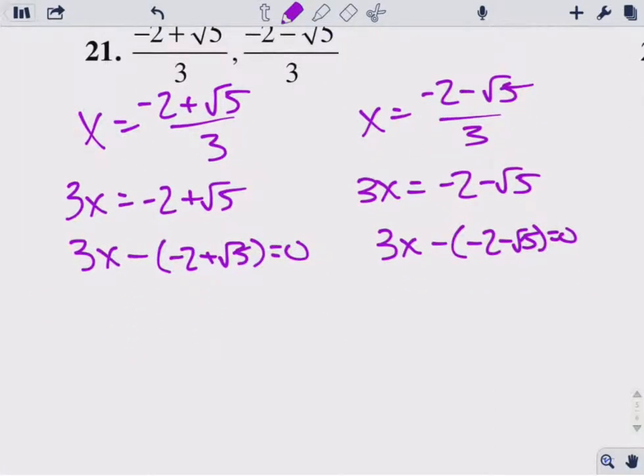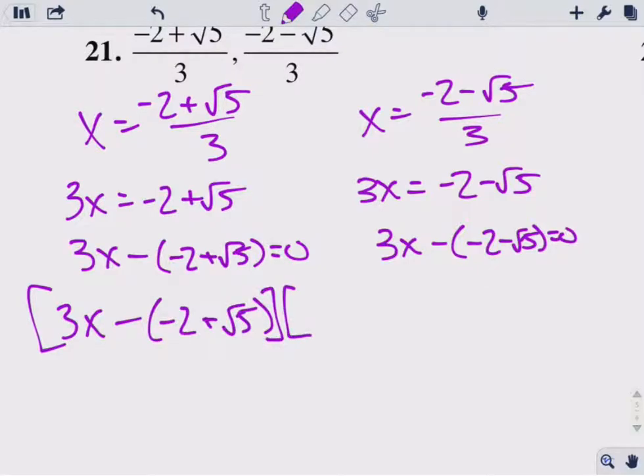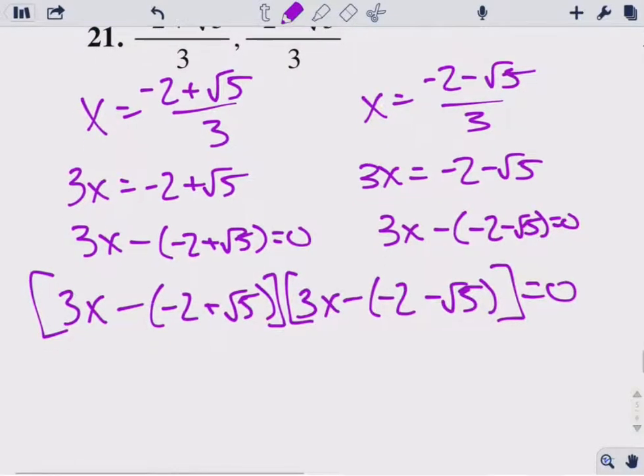Okay, so you can get a little bit complicated here, but you just have to be particular and meticulous with your work. So we'll get 3x minus that stuff times 3x minus the other stuff equals 0.